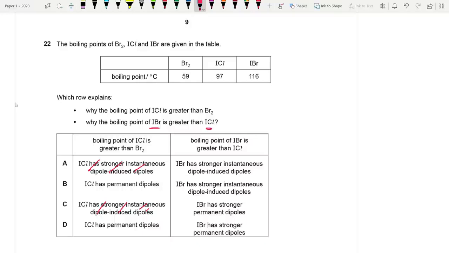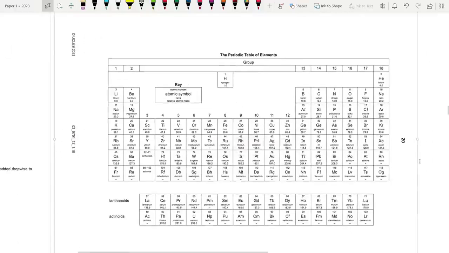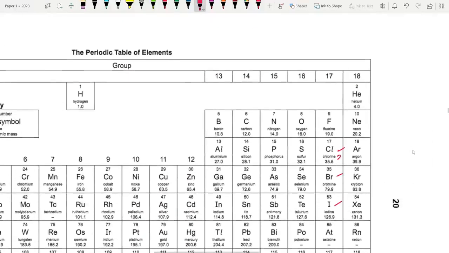Both of them have permanent dipoles, but something is stronger in the case of IBr. Now, if you look at the periodic table again, there are a lot of questions based on the periodic table actually. So, chlorine, bromine, and iodine. If you look at the difference in electronegativity, we have IBr and ICl, right?